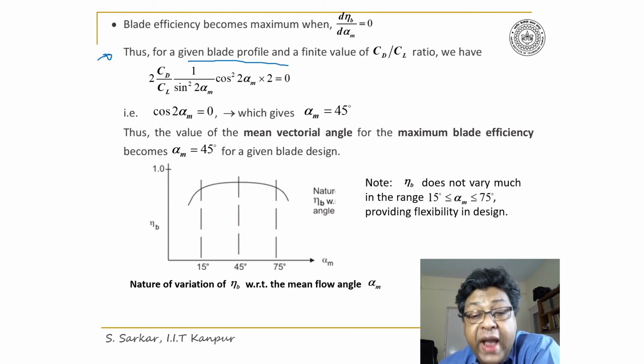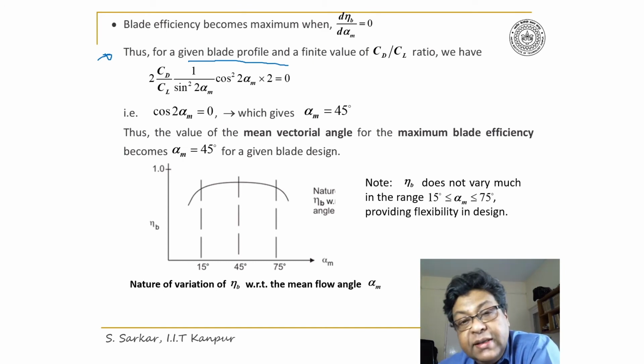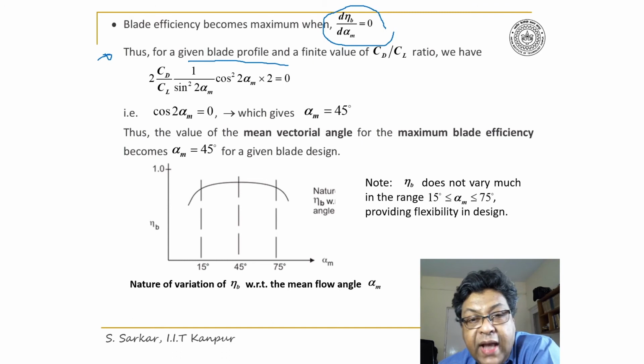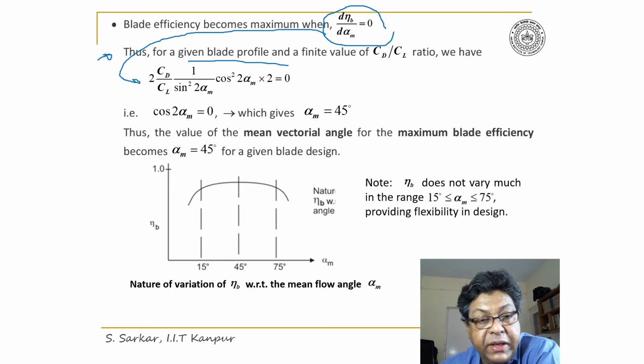Now, for maximum blade efficiency, d eta b by d alpha m must be equal to 0. So by that, I can evaluate the condition for maximum blade efficiency. I have differentiated here eta b and equated that to 0, and that leads to cos twice alpha m is equal to 0, and thus alpha m is equal to 45 degree.